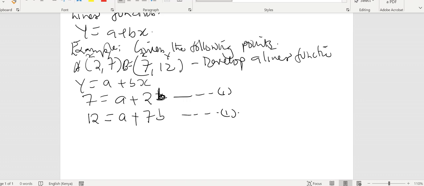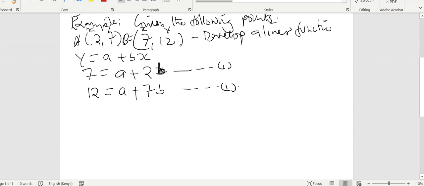So how do you solve this? You find the value of a. You can subtract.